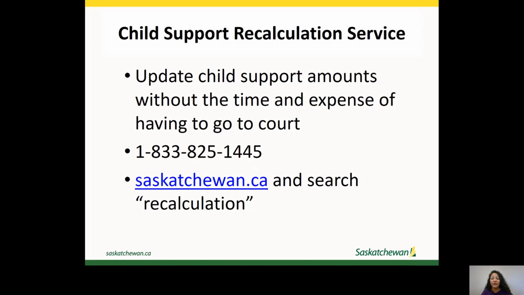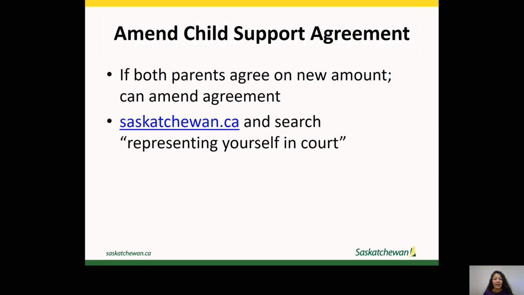You can also call toll-free 1-833-825-1445 or business at 306-787-5042. You can also email recalculation@gov.sk.ca.